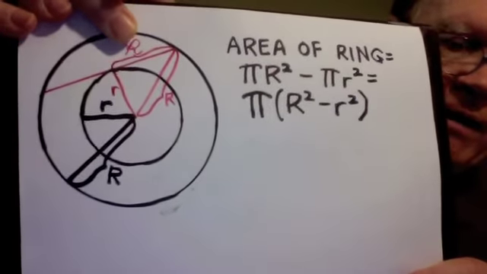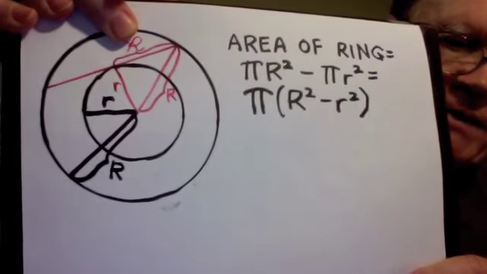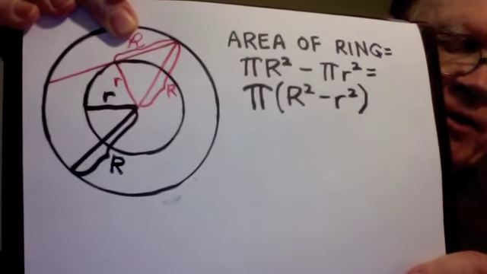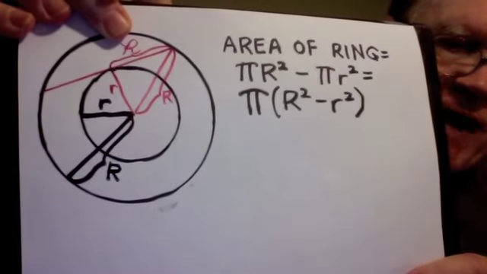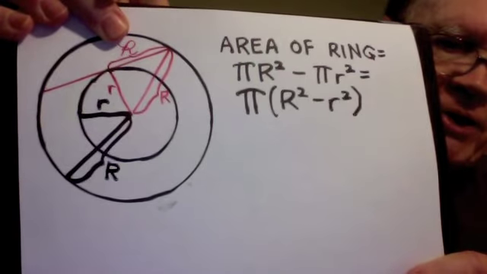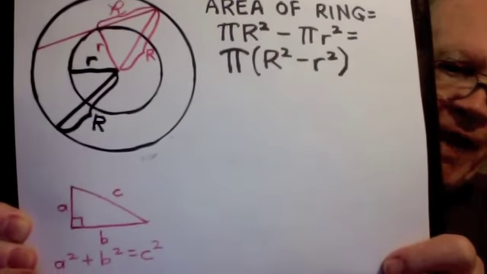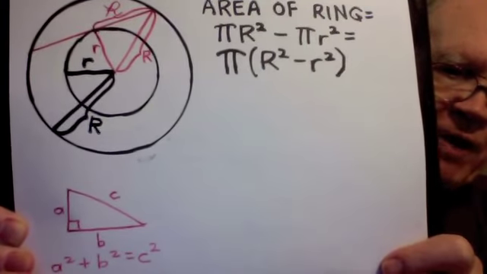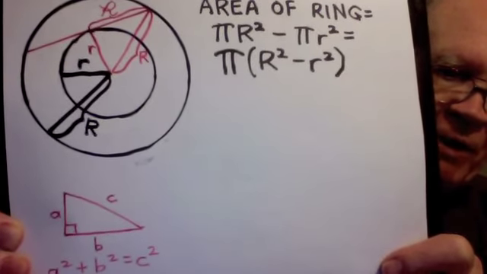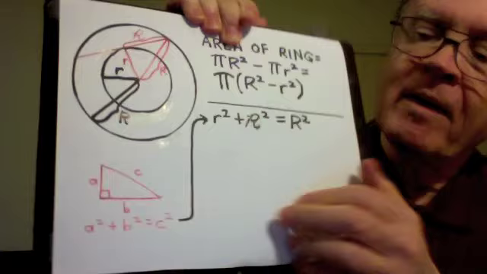I'm calling the radius of the new circle cursive capital R, and we're going to use the Pythagorean equation now. The Pythagorean equation says that if we have a right triangle with legs a and b and hypotenuse c, a squared plus b squared equals c squared.